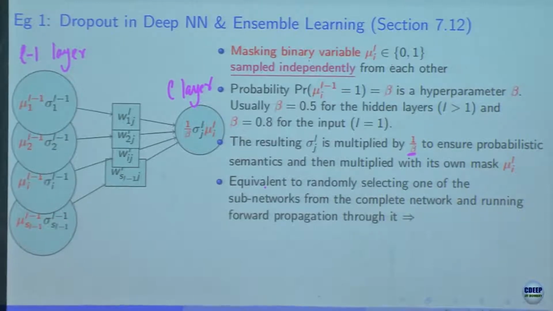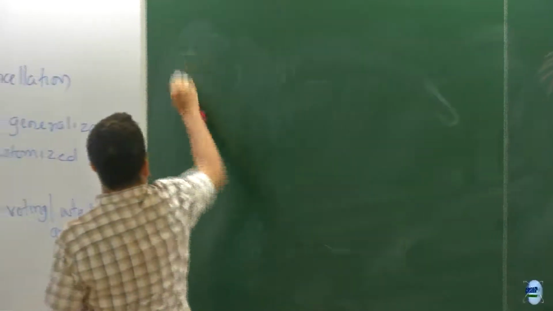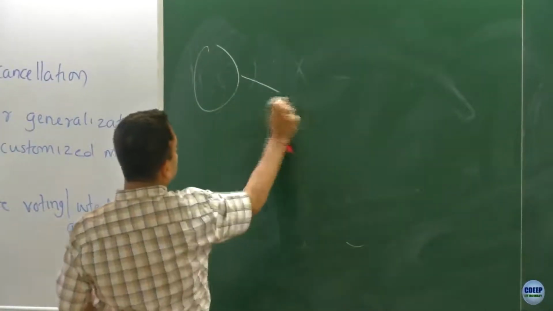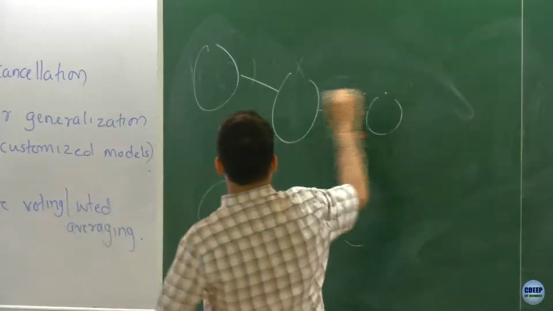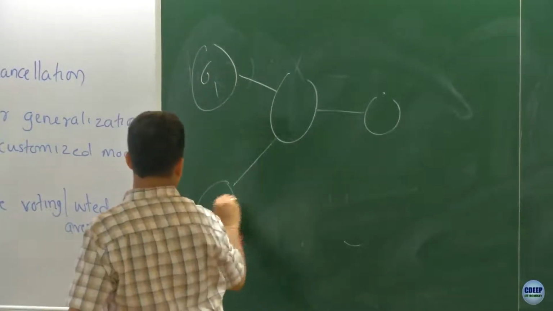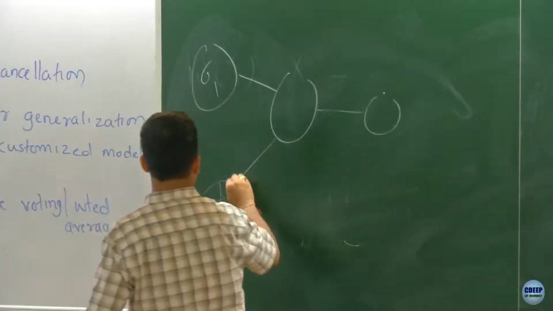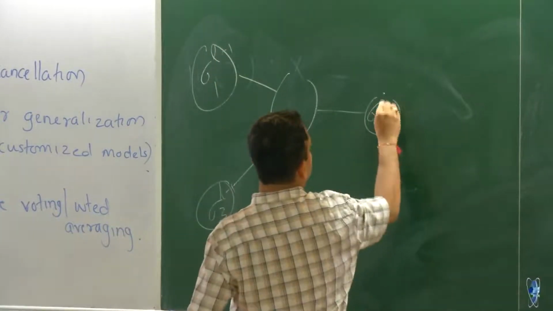Each run now corresponds to a different neural network. So what are we doing in this process? One of these networks has only sigma 1 and sigma 3 in the L minus 1th layer, and sigma 2 in the Lth layer.